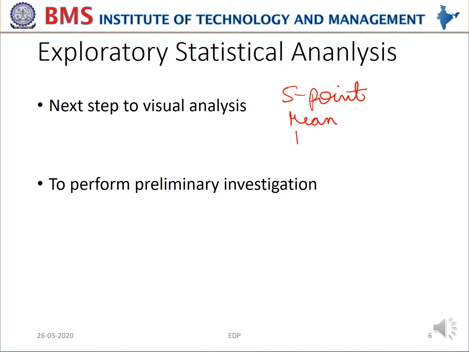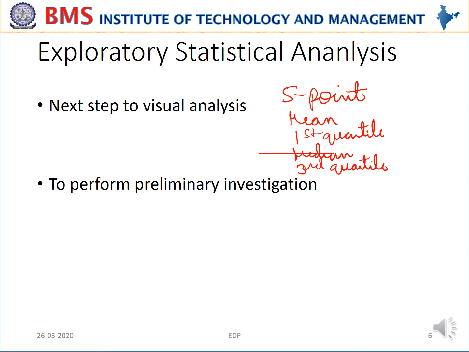and first quartile, which is the range below which 25% of the data values fall, and median, which will give us the value below which 50% of the data values fall, and third quartile, which will give us the details about the range below which 75% of the data values fall.